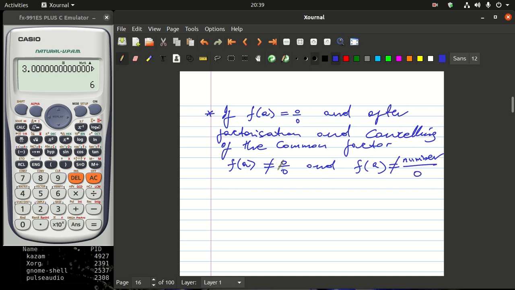So if this is not happening, and that is not happening after you've cancelled out the common factor, then there is a hole at x is equal to a. So that's basically what this means.